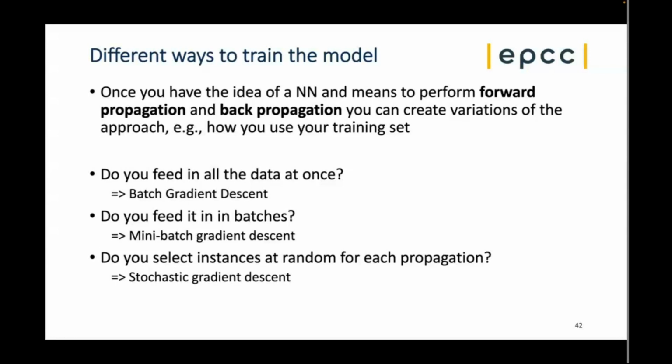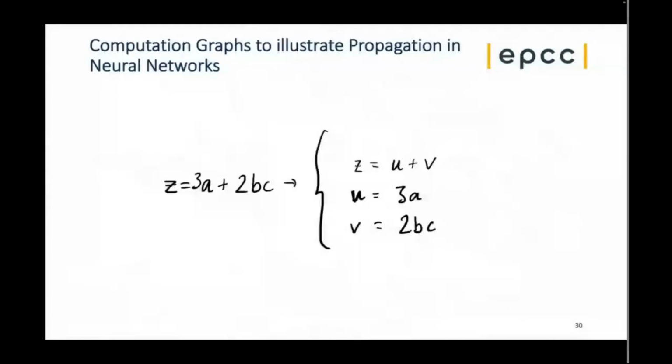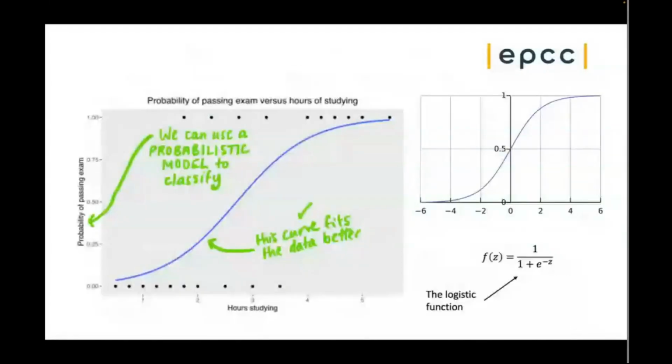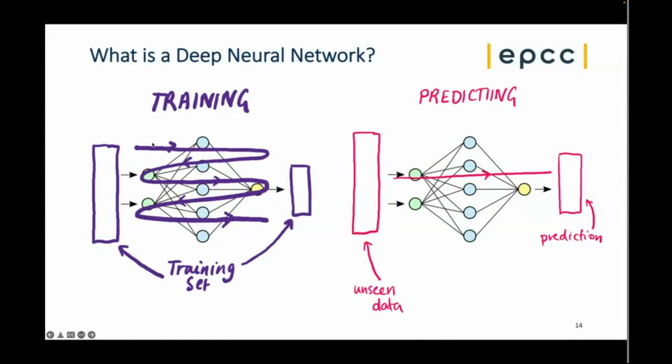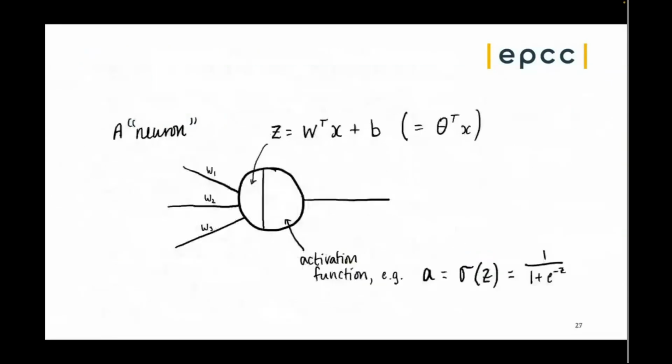You can feed it in batches, taking a random subset of your input data each time. Or you can select random instances for each propagation. So every time you go forwards through the graph to try to improve your weights, you don't always have to put in all of the input data. You can put in some of it. So these are the different variations that we have.